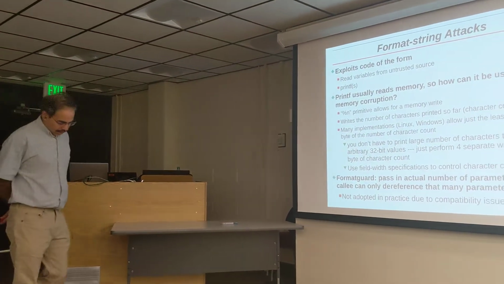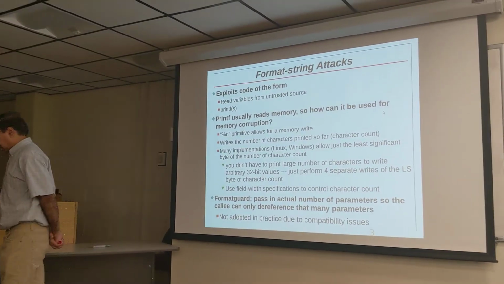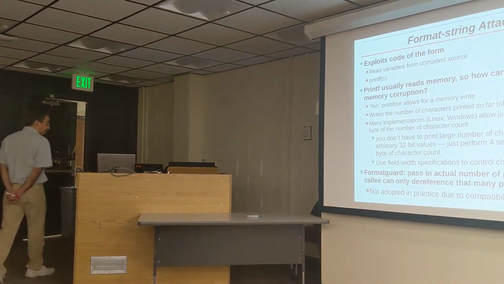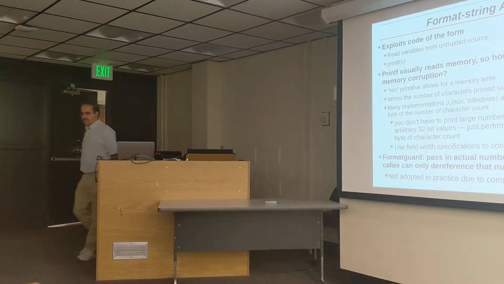So we talked about stack buffer overflows and heap overflows. Then there's a third class of attacks that are called format string attacks. Okay? So what is a format string attack?